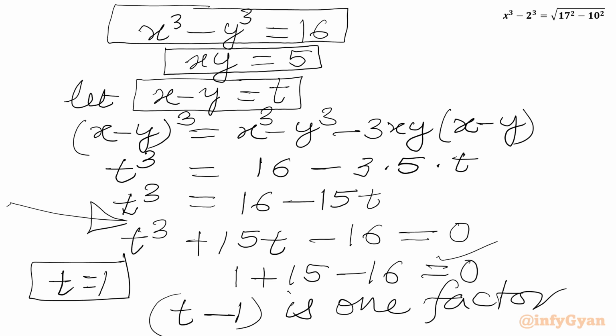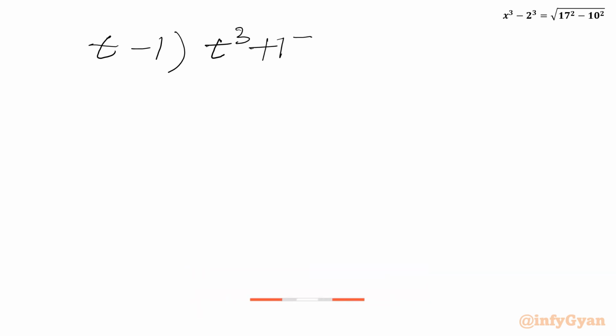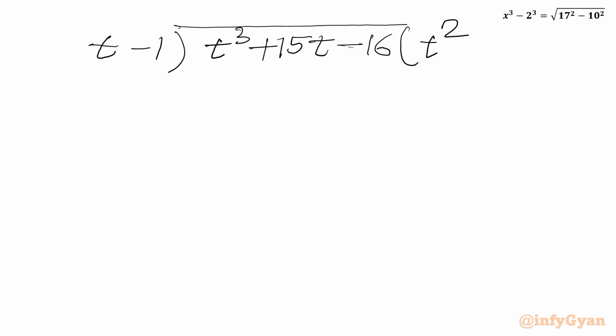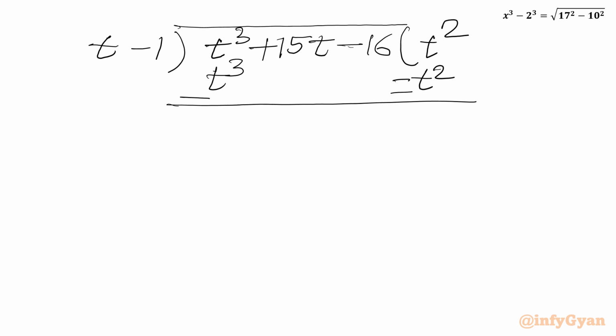So let's divide. I will write t minus 1 as divisor, and our cubic equation t cube plus 15t minus 16 I will consider dividend. Let's find out the quotient. So I will take t square times. So it will give us t cube minus t square, which I will write here. Sign change will be there.